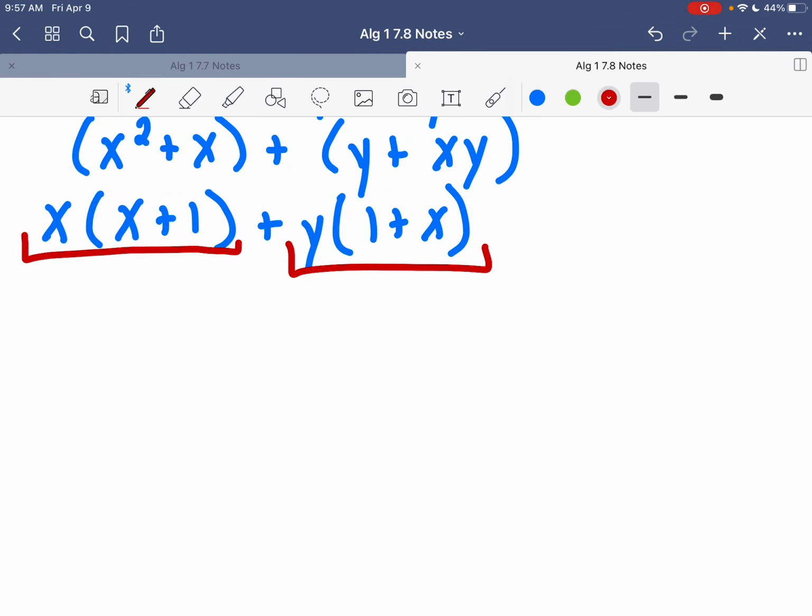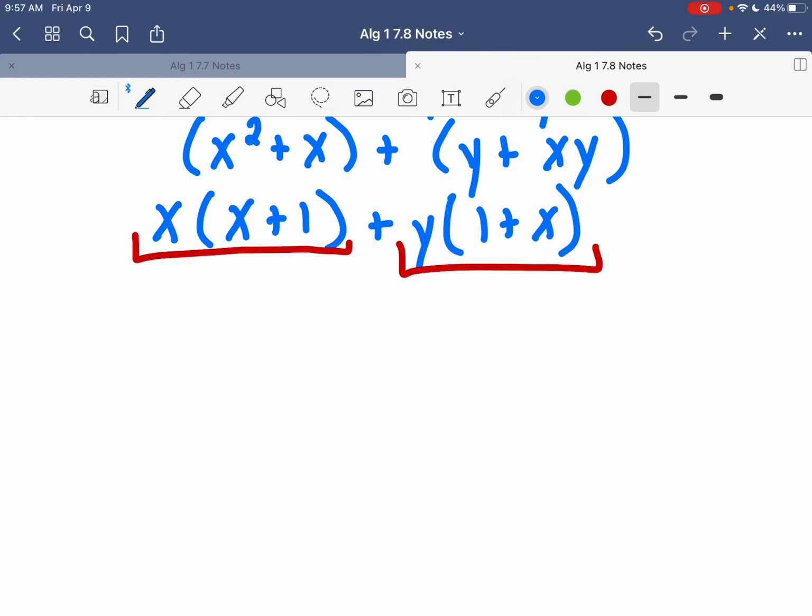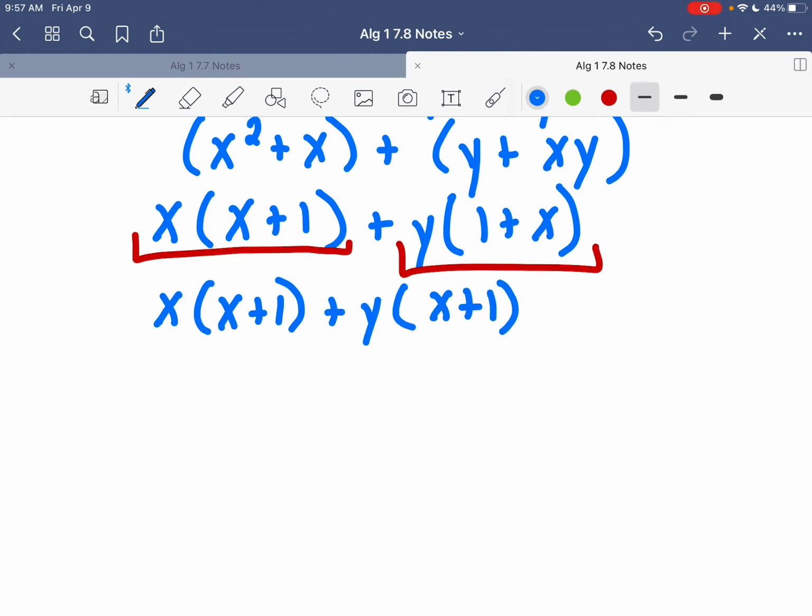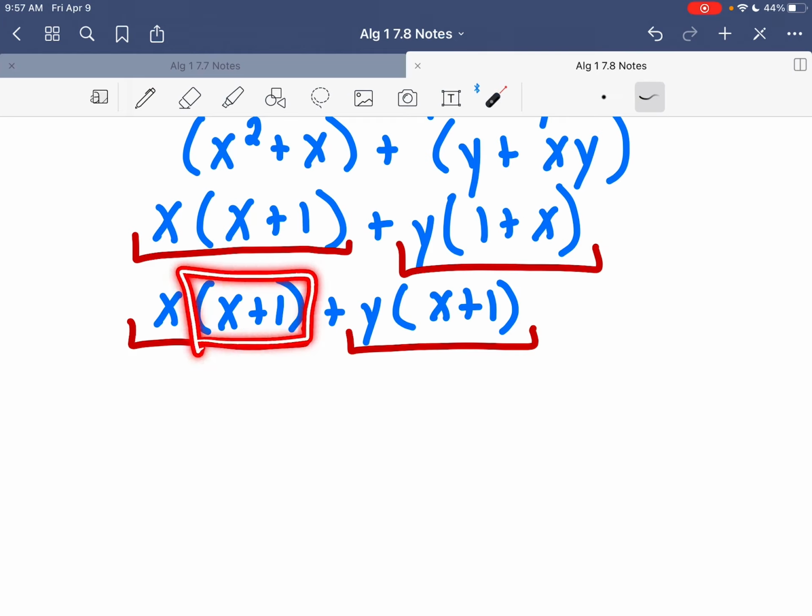Well, addition can be done in any order. So I'm going to rewrite x plus 1, plus y. I'm going to flip-flop these into x plus 1. 1 plus x plus 1. If it's strictly addition, you can flip-flop the order. Now, again, 2 terms. We've got this one and this one. So we look to see these both have this x plus 1 in common.